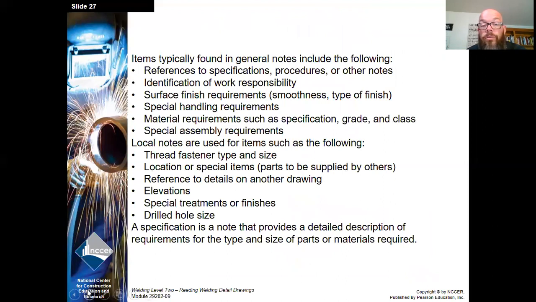Local notes are used for items such as the following: thread, fastener type and size, location of special items, parts to be supplied by others, reference to details on another drawing, elevations, special treatment or finishes, and drilled hole size. A specification is a note that provides a detailed description of requirements for the type and size of parts or materials required.